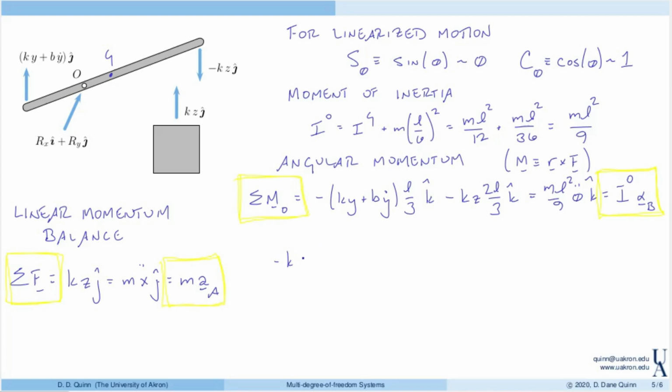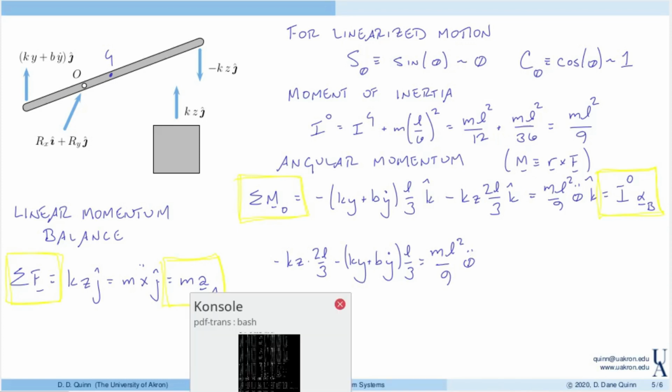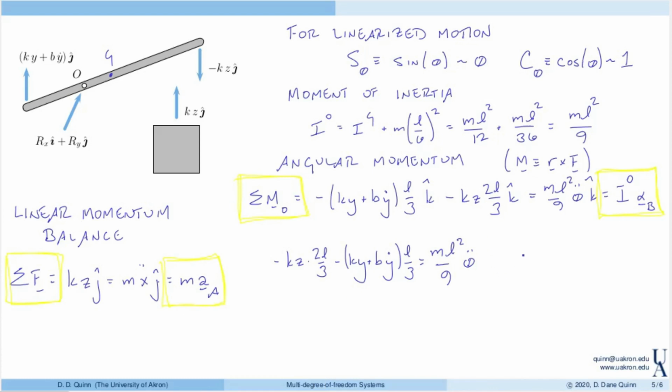Minus kz times 2L over 3 minus (ky plus b y dot) times L over 3 equals mL squared over 9 theta double dot, and kz equals m x double dot.